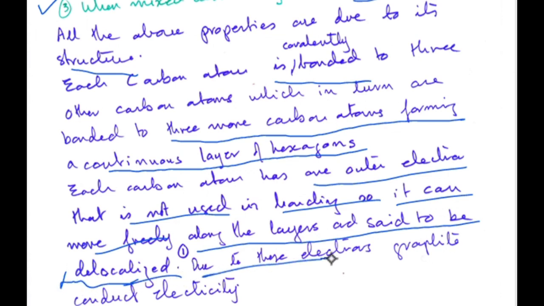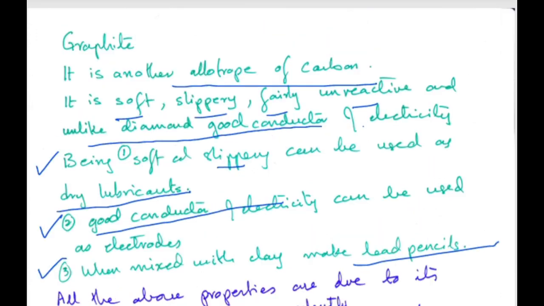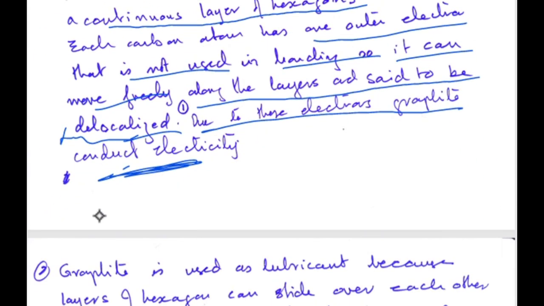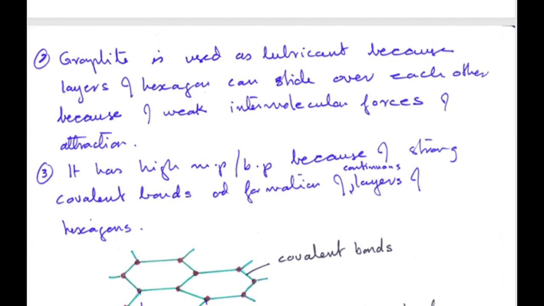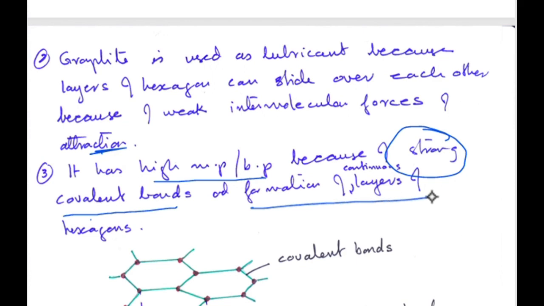Due to these electrons, graphite conducts electricity. Graphite is used as a lubricant because layers of hexagons can slide over each other because of weak intermolecular forces of attraction between them. It has a high melting point and boiling point because of strong covalent bonds and the formation of continuous layers of hexagons.